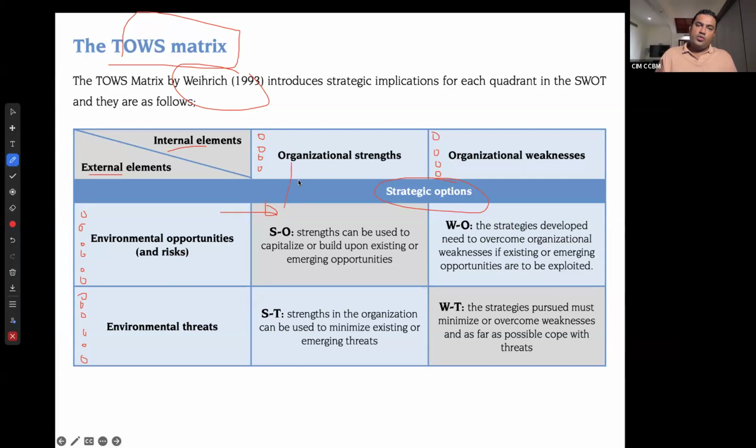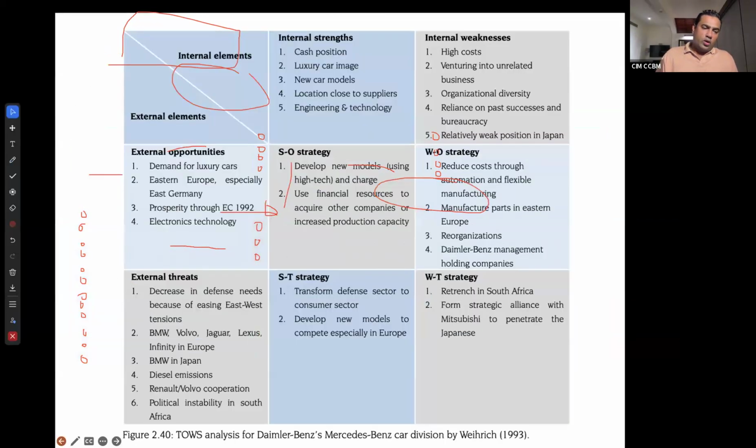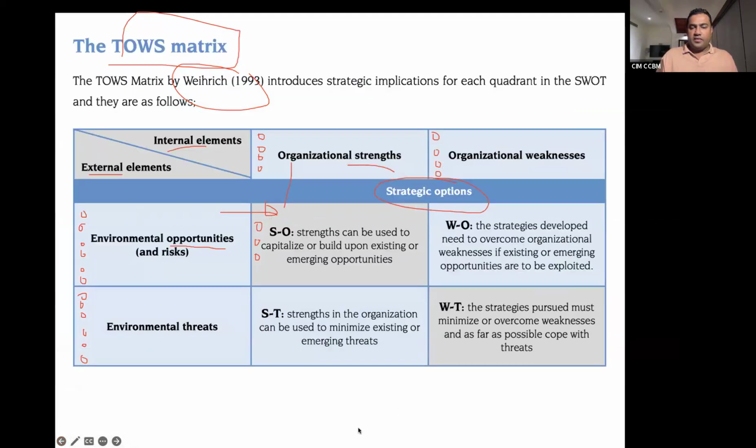So how would you use the organization's strengths to exploit opportunities? What can you do? I'll give you an example in the next page. What are the things you can do to use the company's strengths and exploit opportunities?